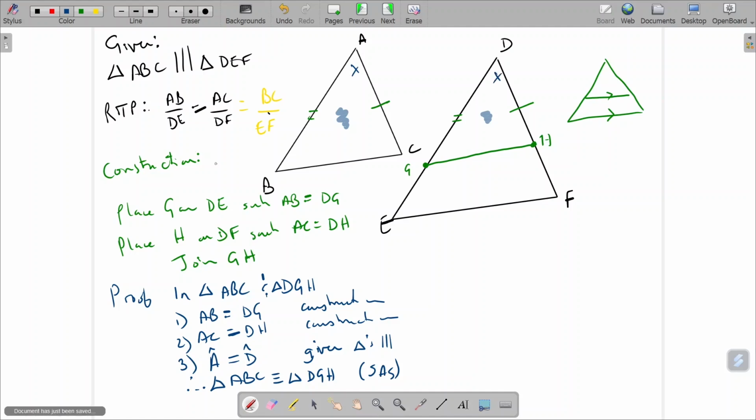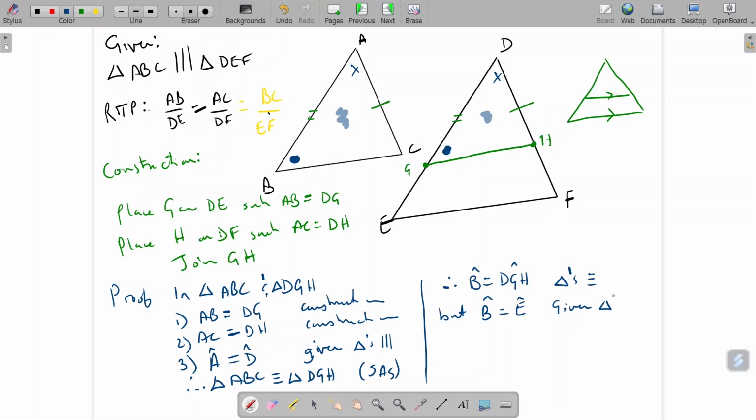But what follows from this argument is that angle B must equal angle DGH, because the triangles are congruent. So however big this angle was here, we know that it must be the same size as that angle because of congruency. But we knew from the first statement that B equaled E because it was given that the other 2 triangles were similar.